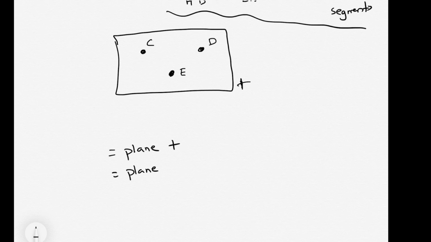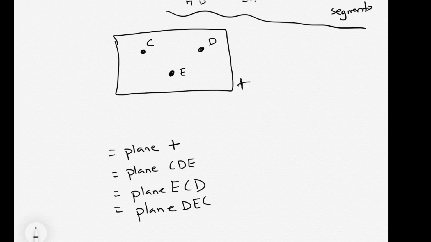So we could call this plane and then pick 3 points, CDE, which is also equal to plane ECD, which is also equal to plane DEC. You get the point. But all of these are talking about the same plane.